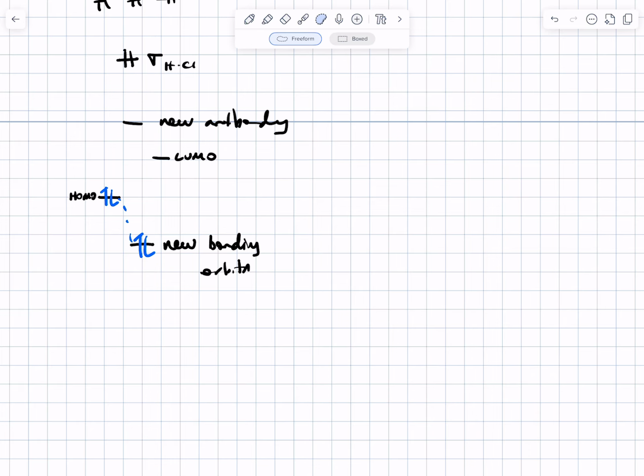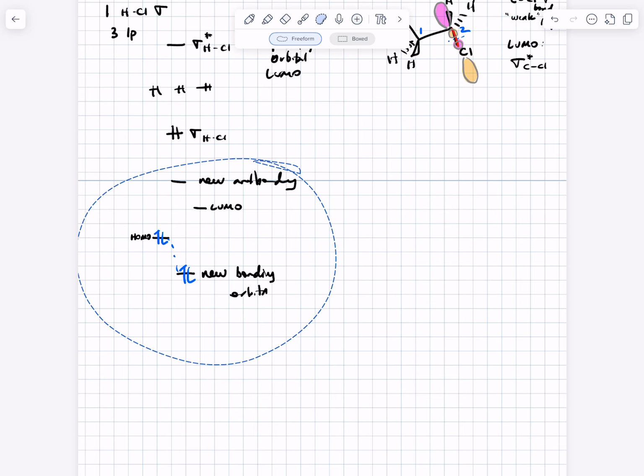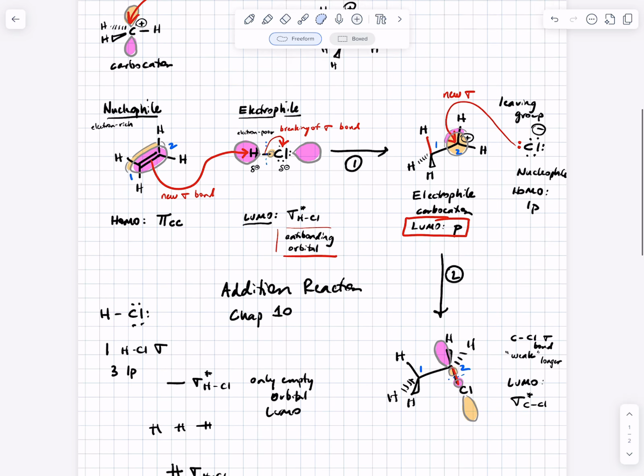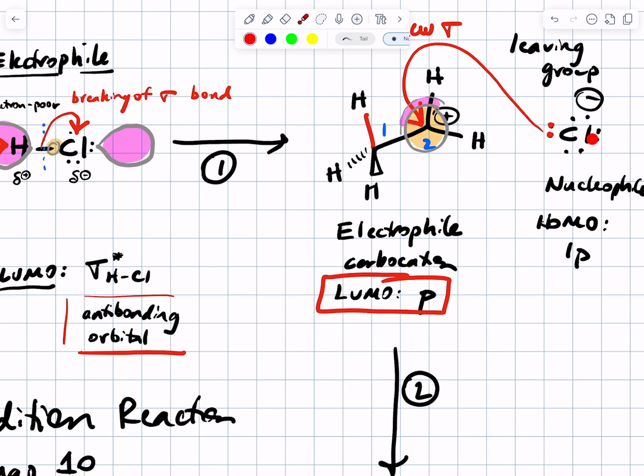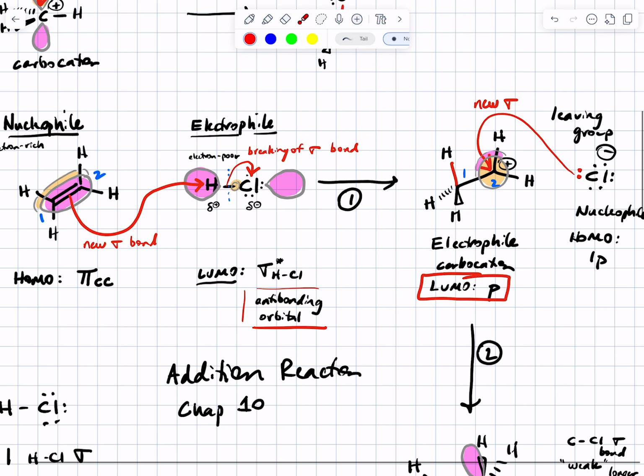So, I think your question's really interesting. You were saying, I'm not sure how this works energetically. Probably you are worried about the fact that I go from two things that are neutral and have bonds to two things that are, one that's positively charged and one that's negatively charged, and I lost the pi bond. It turns out you're right to be worried about that.